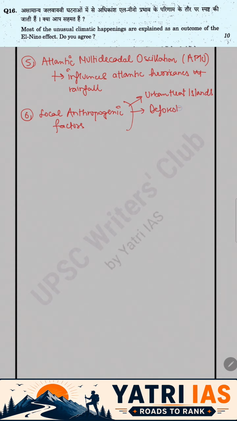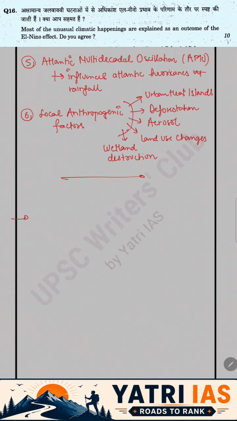Deforestation, aerosol formation, that is pollution, land use changes, you see wetland destruction. So all these reasons as well are leading to unusual climate happenings. So you would not say that El Nino is the only reason for the unusual climate happenings. So you have to balance your answer with these points as well.